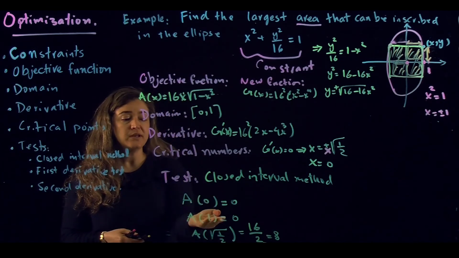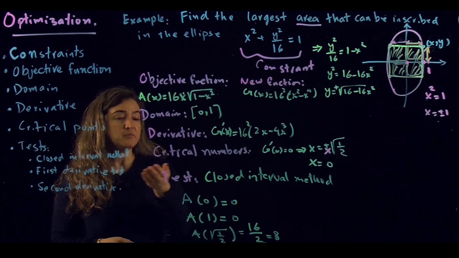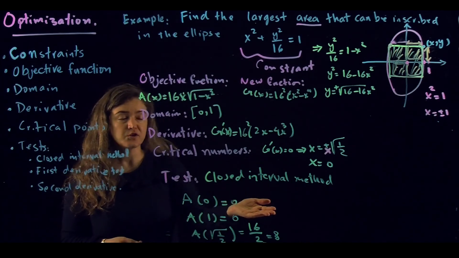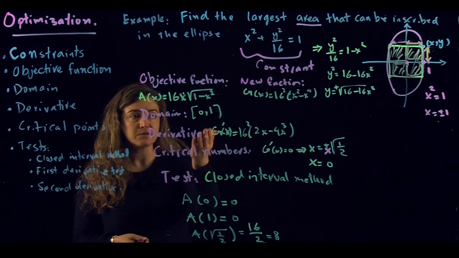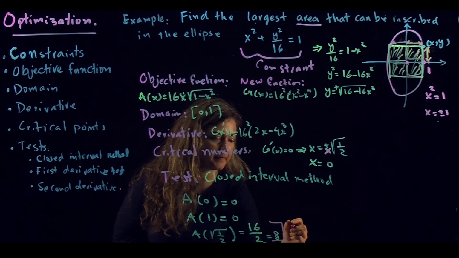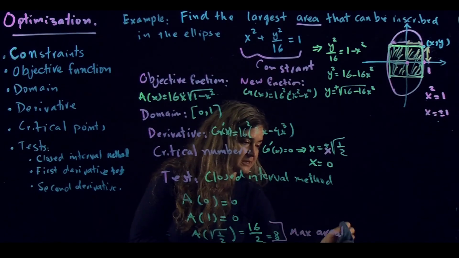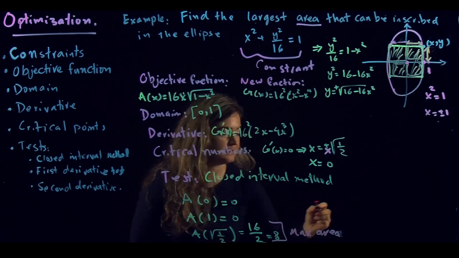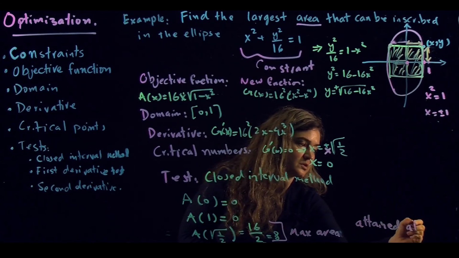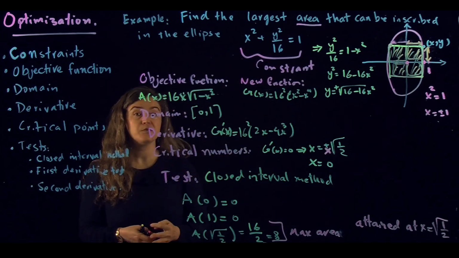Now, endpoints, critical numbers, and the maximum is 8 by the closed interval method, because the function is continuous on the closed interval. This is the maximum area. And it was attained at x equal to square root of 1/2, or square root of 2 over 2.